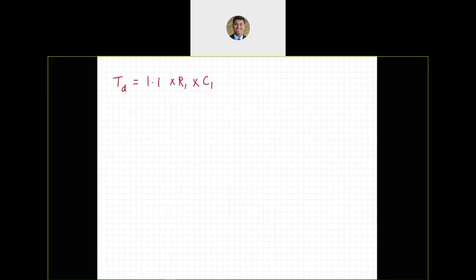Right now, in circuit 1, the circuit that we looked at in the last class and have been talking about so far, we had R1 to be 100K and C1 to be 1 microfarad, so that our time duration of the pulse was about 110 milliseconds, and that is the theoretical value.